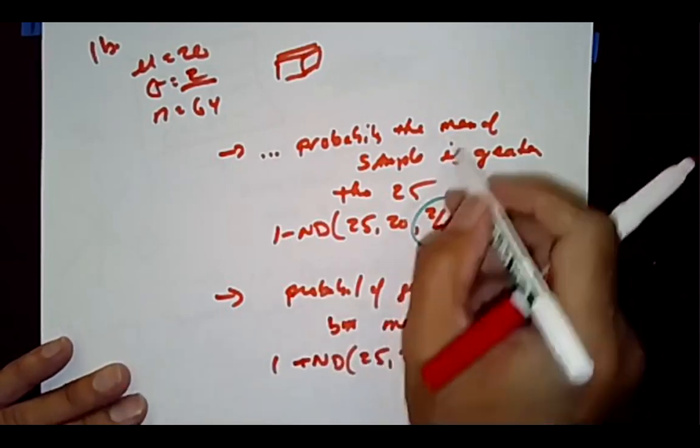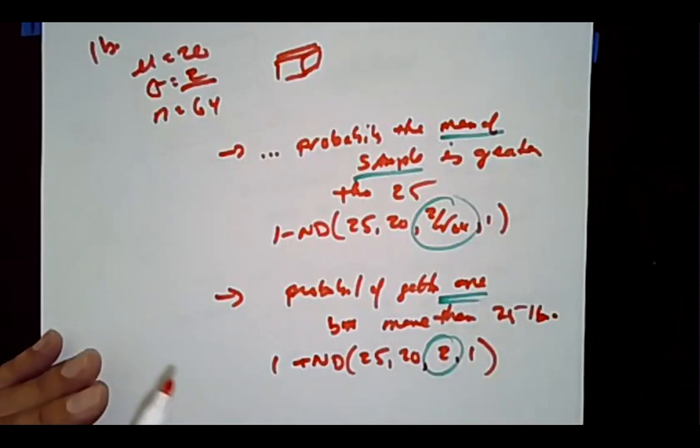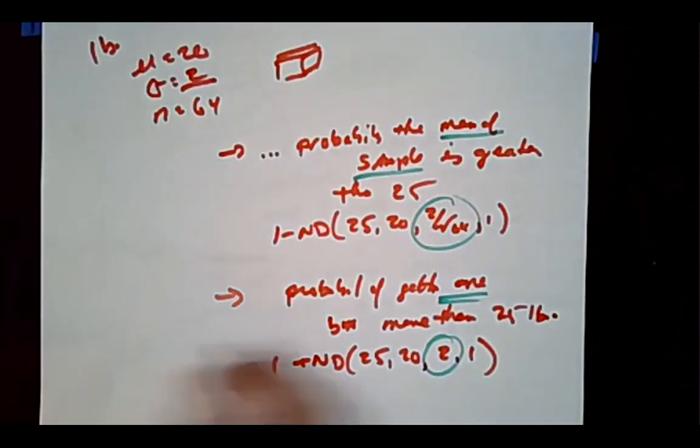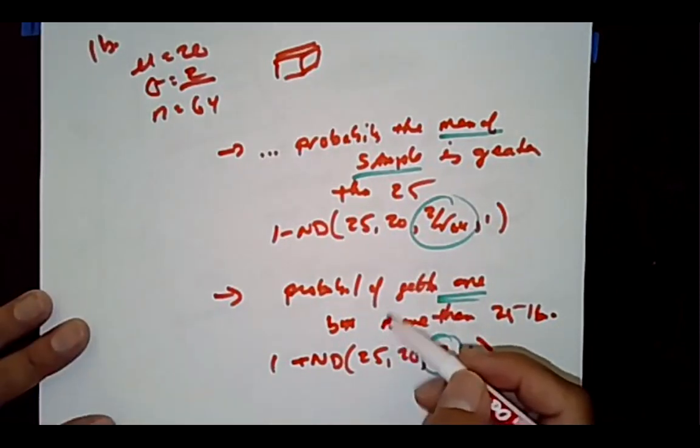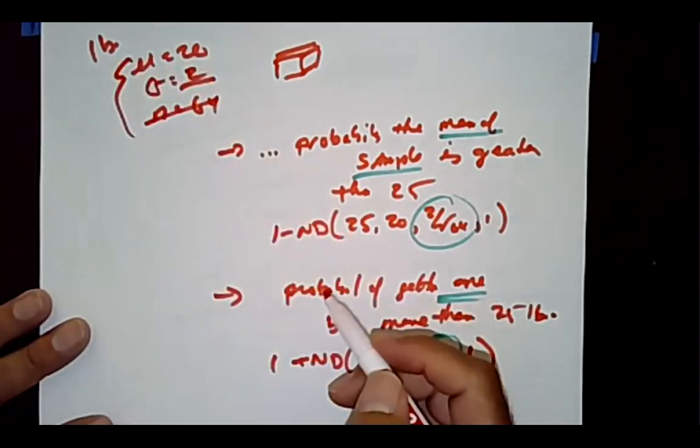Mean of the sample, probability of getting 1. So in this instance here, you are not necessarily using everything you're given. That is rare, but it could happen.